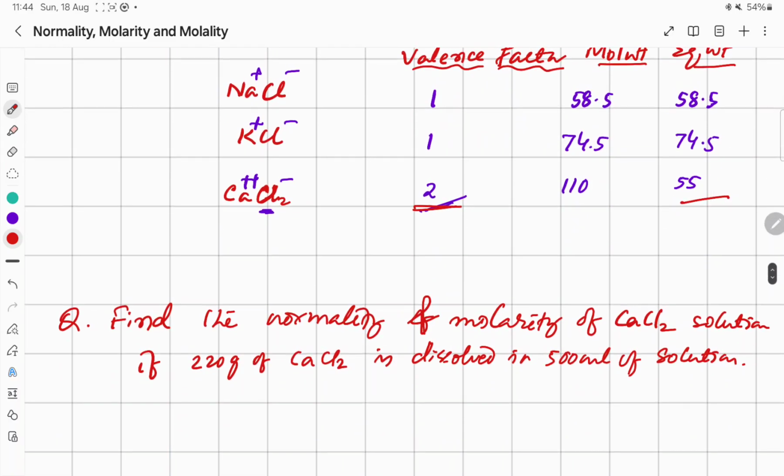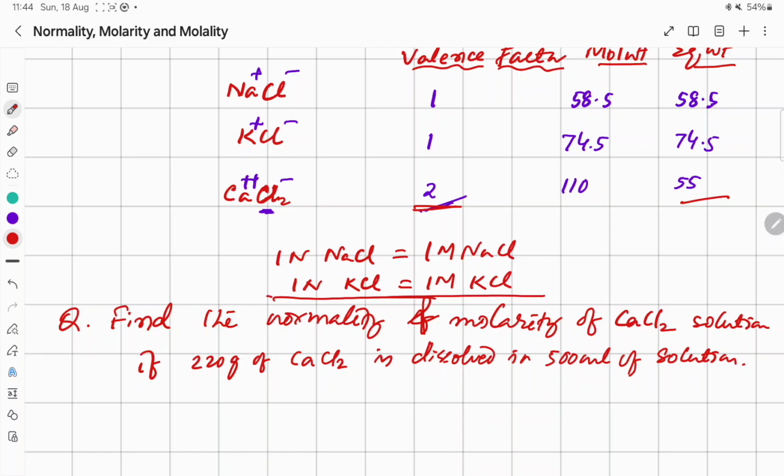So we can say that 1N sodium chloride is equal to 1M sodium chloride, 1N potassium chloride is equal to 1M potassium chloride. But for calcium chloride it will be different.